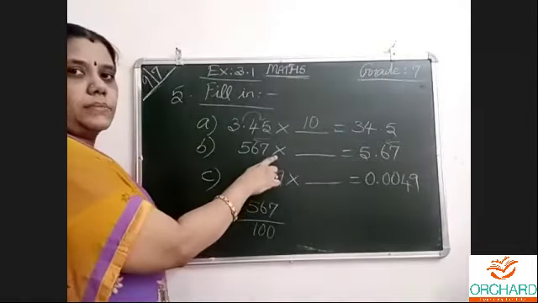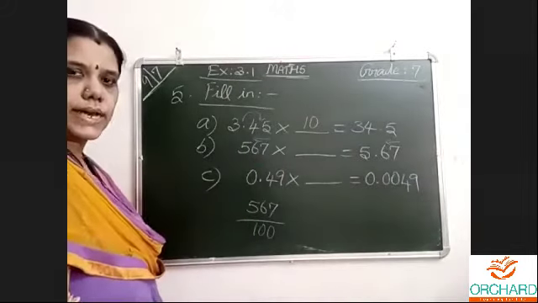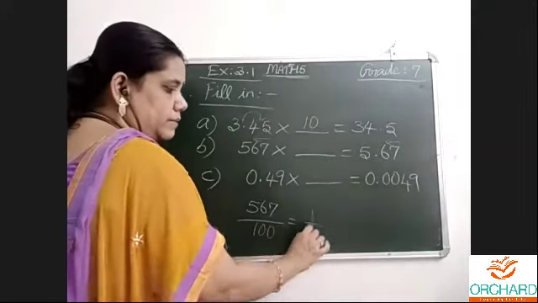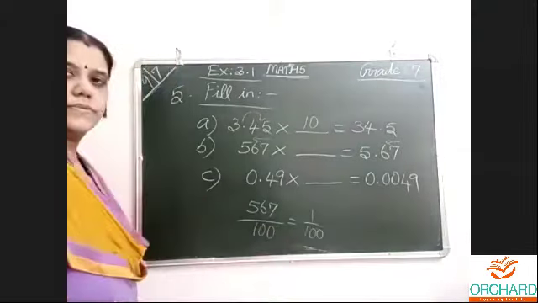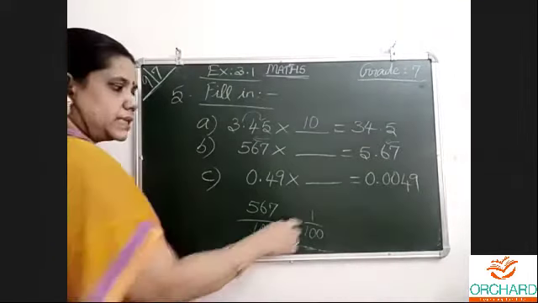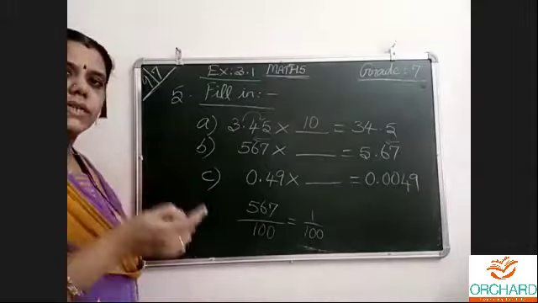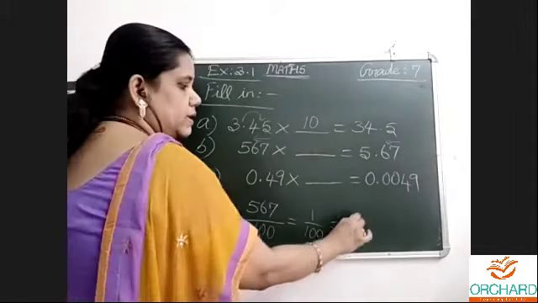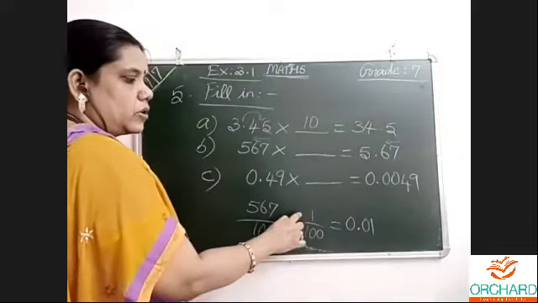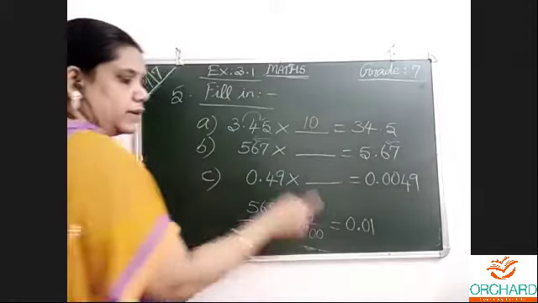But here they told multiplication. So what is this? Dividing by 100 is 1 by 100. What is 1 by 100? 0.01. 1 is there, another number not there, 0, so 0.01.